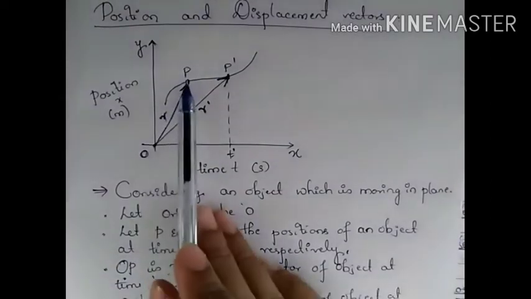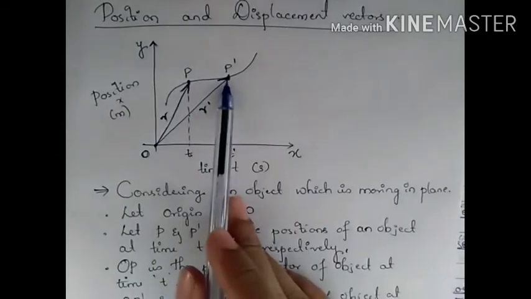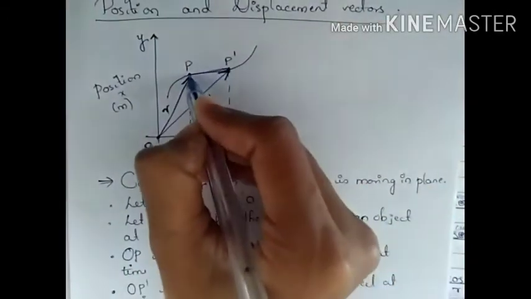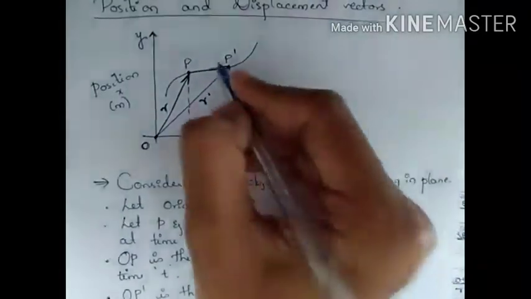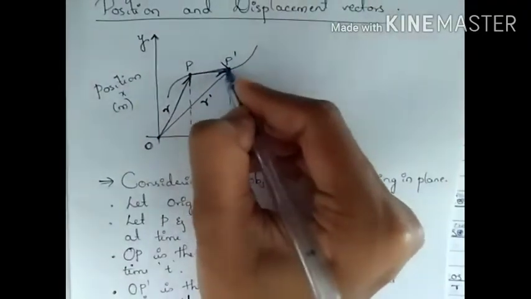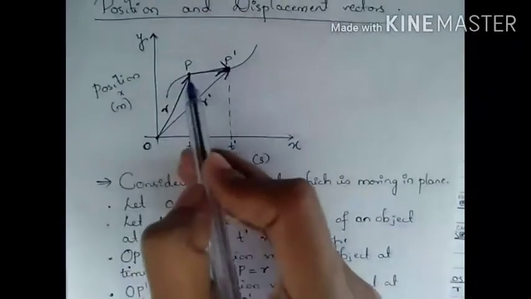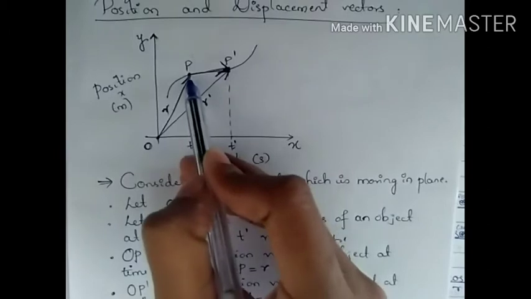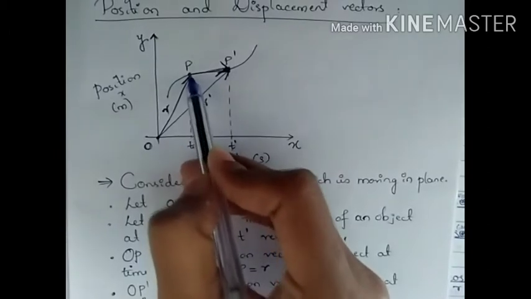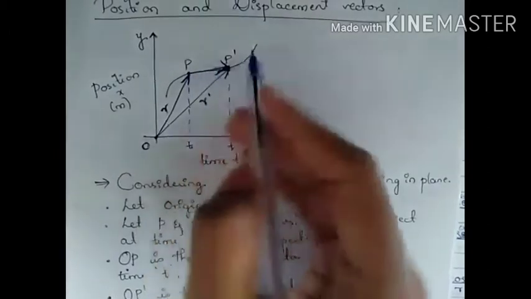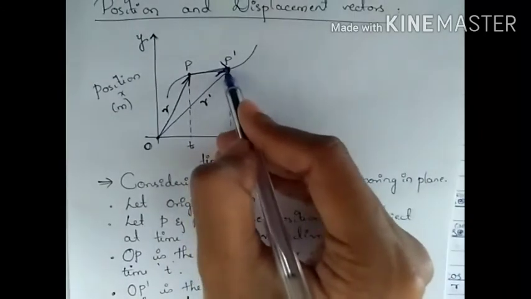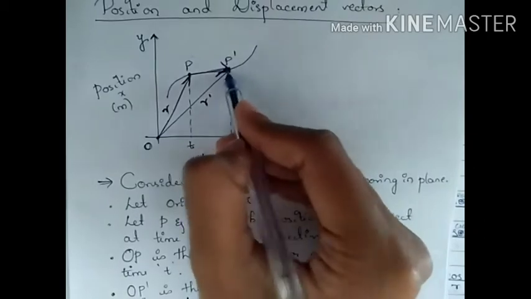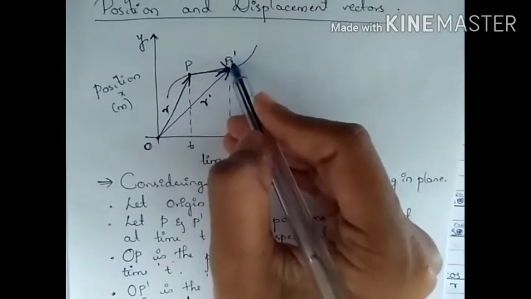So there are basically two position vectors R and R prime. Now the object is moving from point P to P prime. If you draw a straight line from P to P prime, here is again an arrow mark. The tail of this displacement vector should coincide with the arrow mark of the first position vector, and the arrow mark of the displacement vector should coincide with the arrow mark of the second position vector.